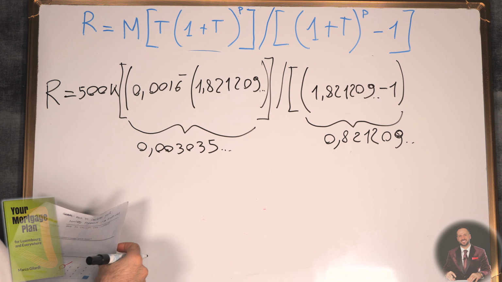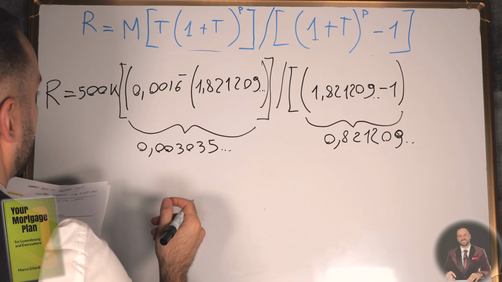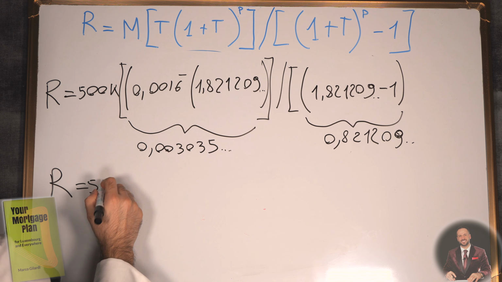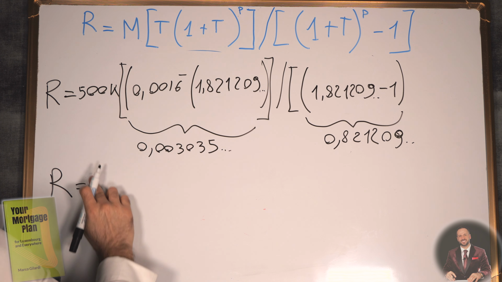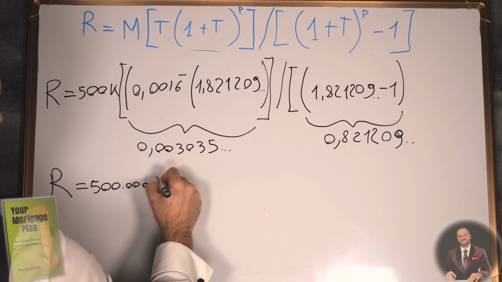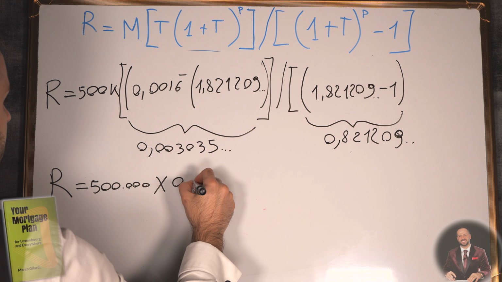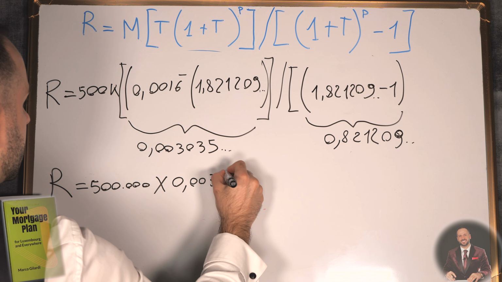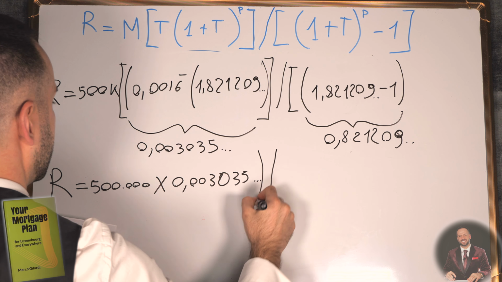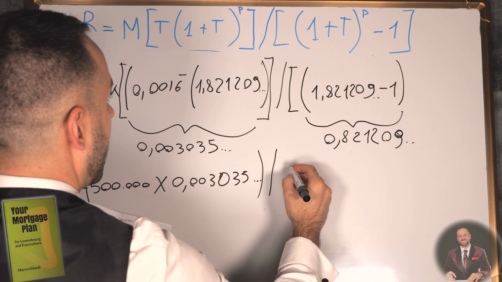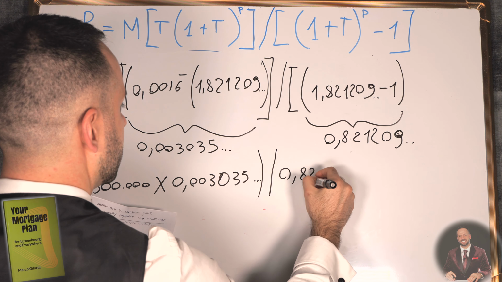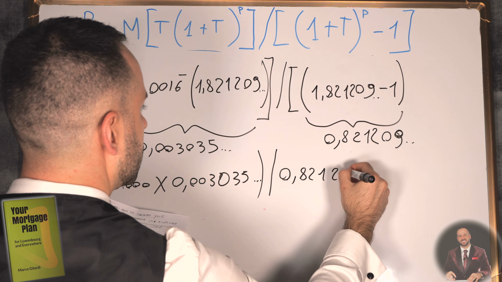And finally, we are going to R, which is 500k, 500,000 multiplied by this value 3035, which is not the last one, and divided by this number 0821209.